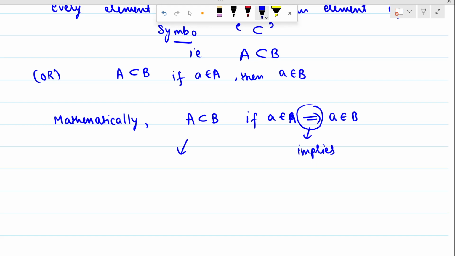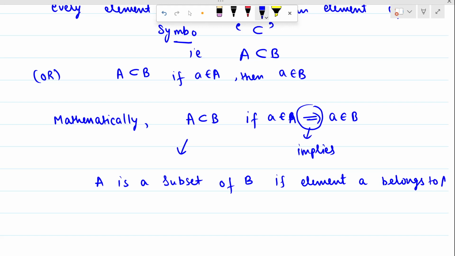We interpret this as follows: A is a subset of B if element a belongs to A, which implies element a belongs to B.